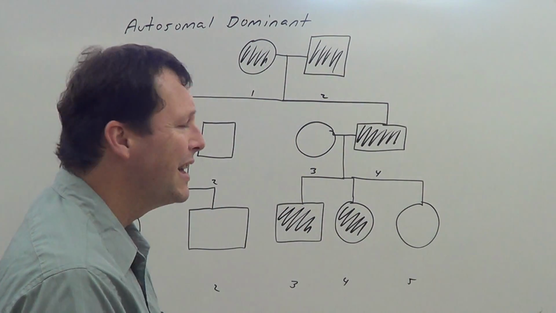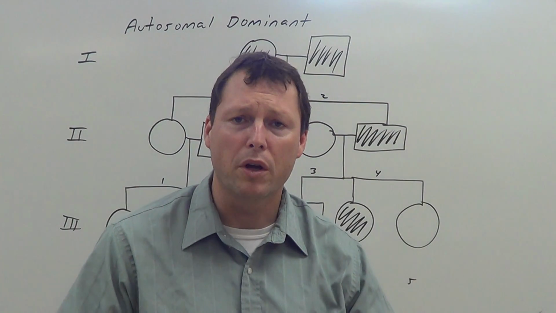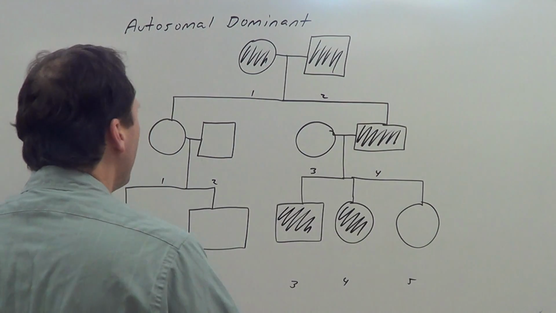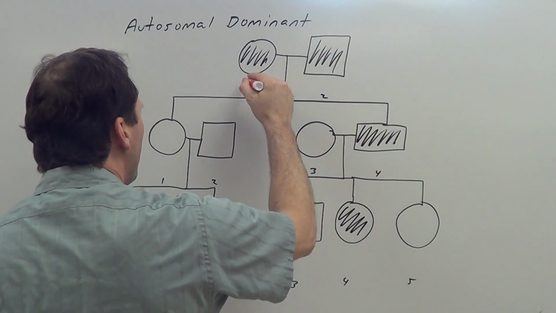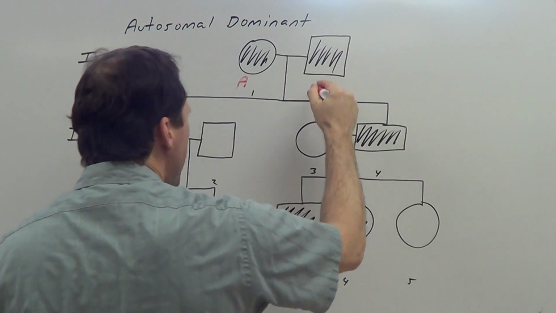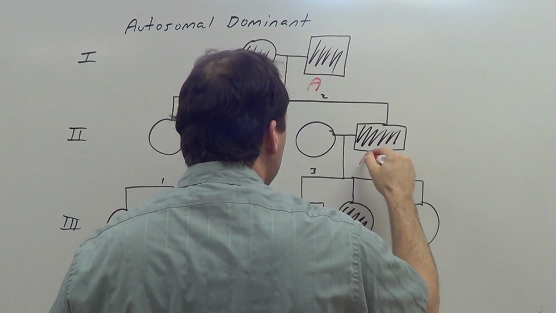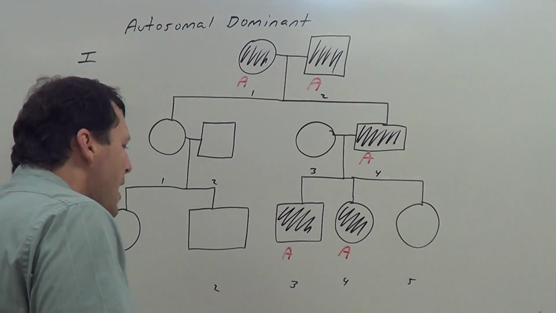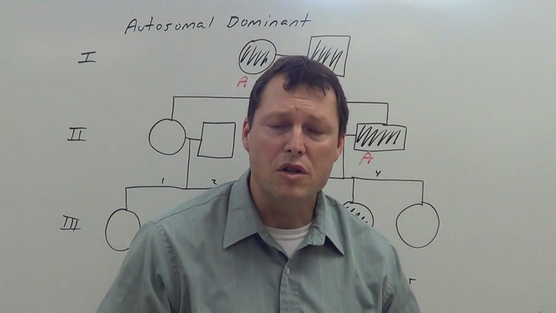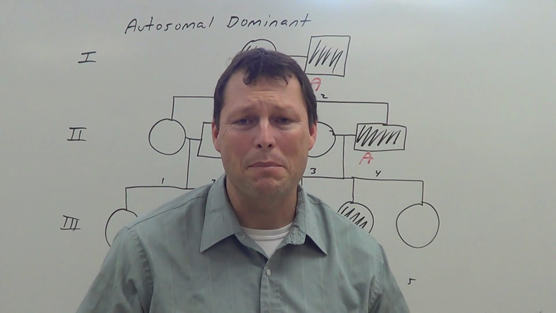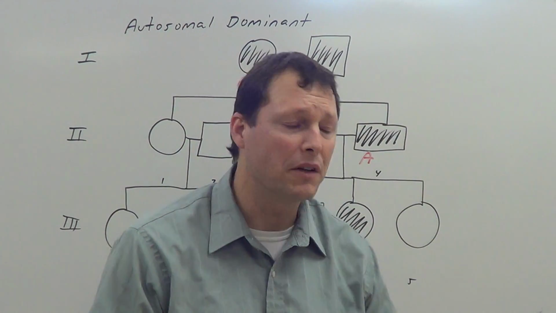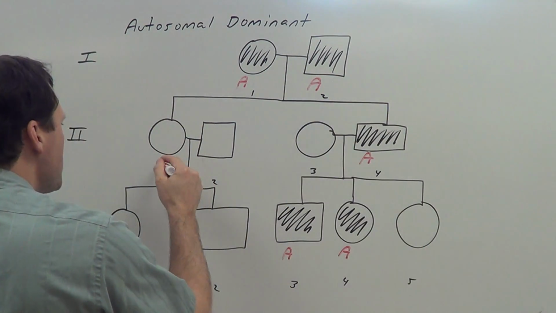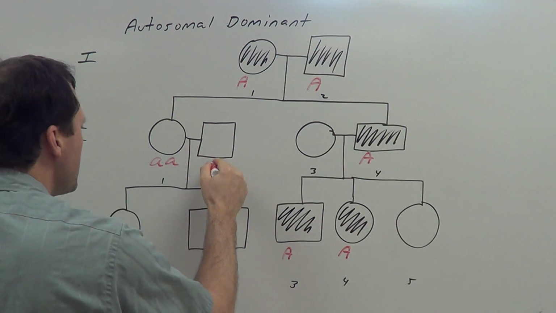And we're going to go with the letter A. If no other letter is given, we're going to go with the first letter of the alphabet, A. So I'm going to label every affected individual with a capital A, because I know they must have a capital A or they wouldn't be affected. Now, all unaffected individuals must not contain a capital A, because if they did, they'd be affected. So all unaffected individuals, all unshaded figures, must have 2 lowercase a's.